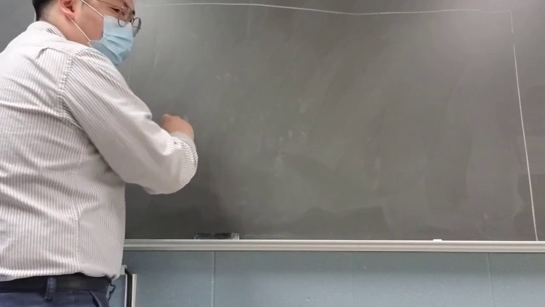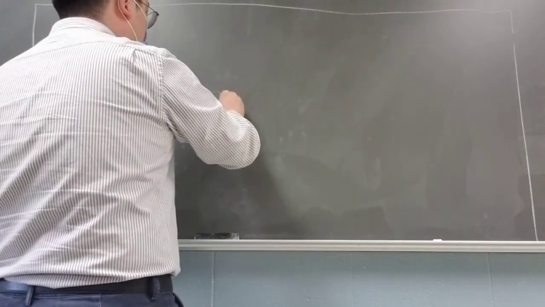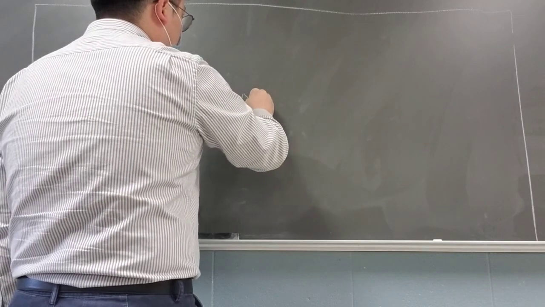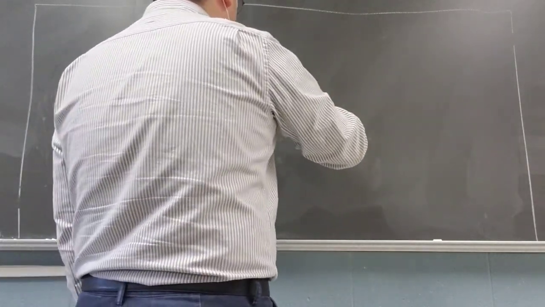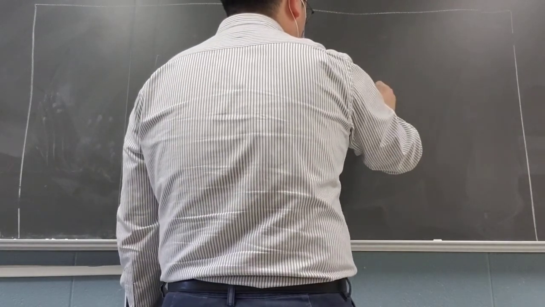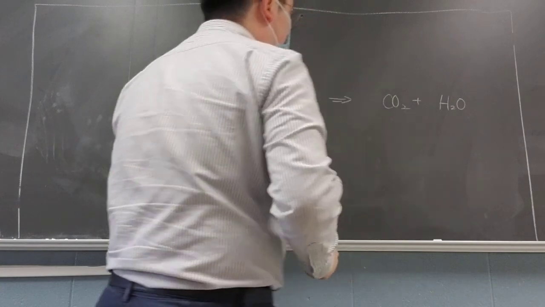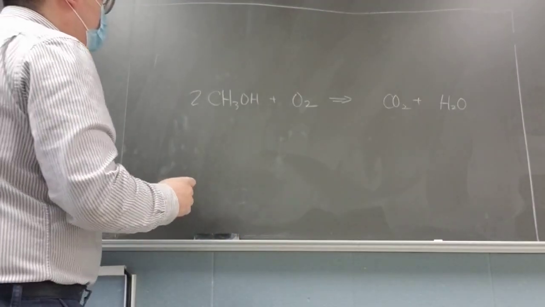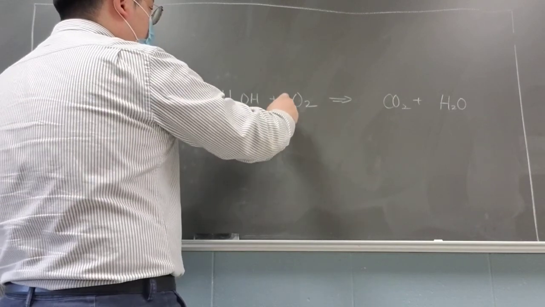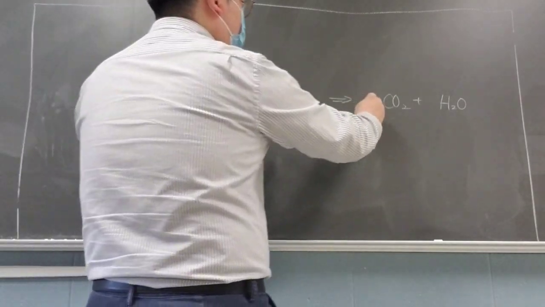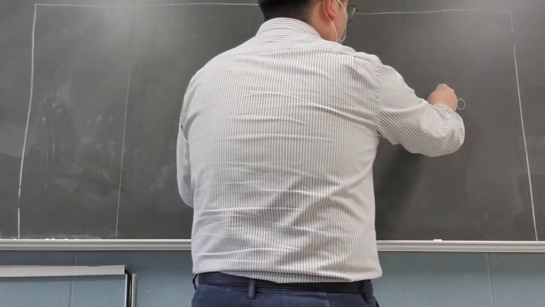All right, so let me give you one example here. So this one is obviously a combustion reaction, right? So this will be 2, there'll be 4 and 8, so it'll be 4.